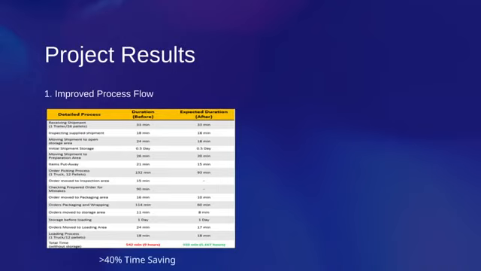So the results are as follows. The expected results, of course, since this design is not yet implemented, but if implemented, are expected to be as follows. There will be lots of time saving in the process flow. We expect a minimum of 30 to 40% of time saving.